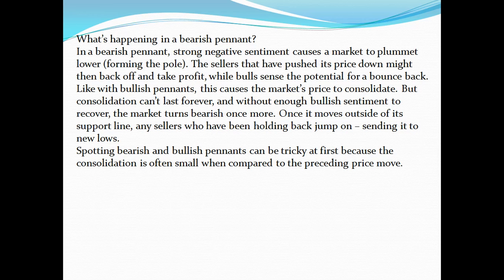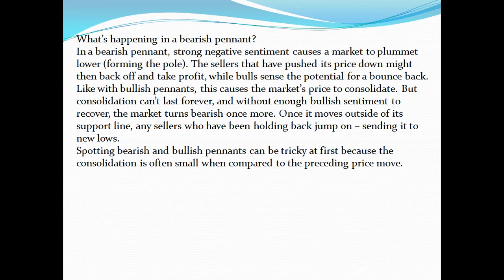Like the bullish pennant, this causes the market price to consolidate, but the consolidation cannot last forever, and without enough bullish sentiment to recover, the market turns bearish once more. Once it moves outside its support line, any sellers who have been holding back jump on, sending it to new lows.